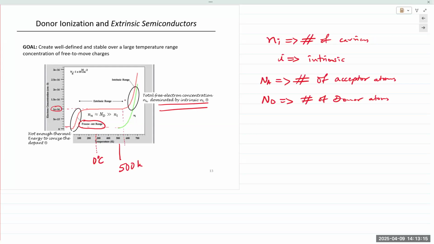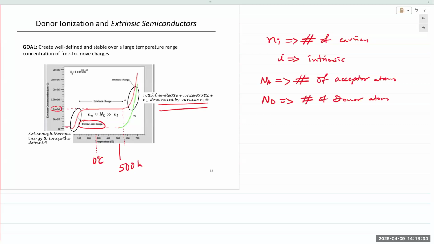Okay, but beyond 550 Kelvin, an interesting phenomenon occurs, and the extra thermal energy beyond 550 K allows a whole lot more electrons to break their bonds and become free charge carriers.